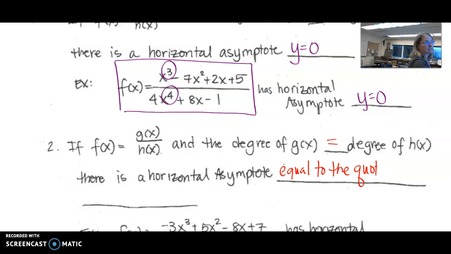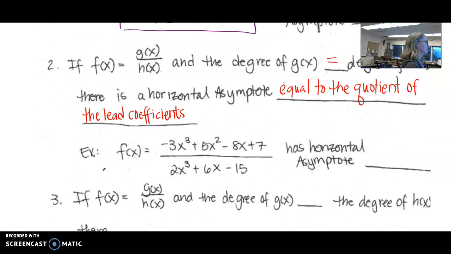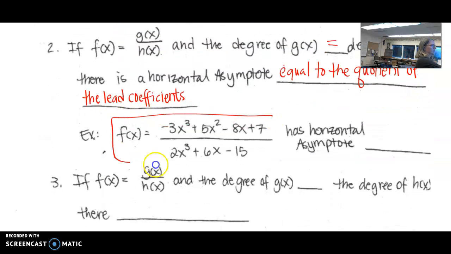Remember, quotient is like division or really just a fraction, equal to the quotient of the lead coefficients of the numerator and the denominator. All right, let's look at an example that follows that.